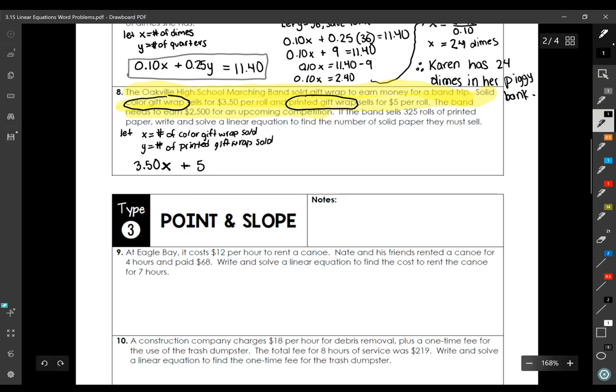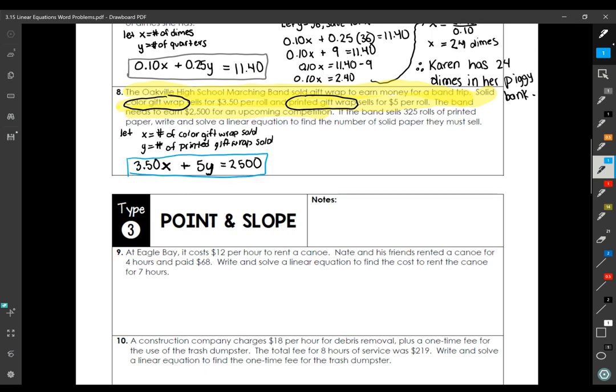So $5 times y, so times the number of printed gift wrap sold. And we're told that the band needs to earn $2,500. Okay? They need to earn that much money to be able to go on their trip. So here is our standard form equation.